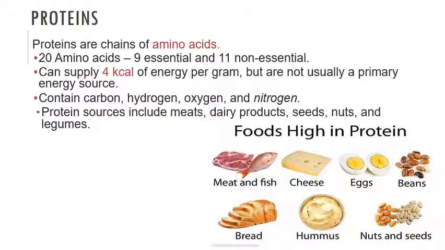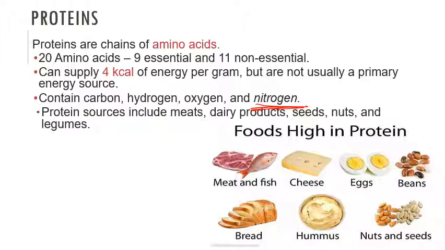Proteins contain carbon, hydrogen, oxygen. Ooh, that sounds familiar, just like carbohydrate and fat. But guess what? They also have nitrogen. Protein sources include meats, dairy products, seeds, nuts, and legumes.